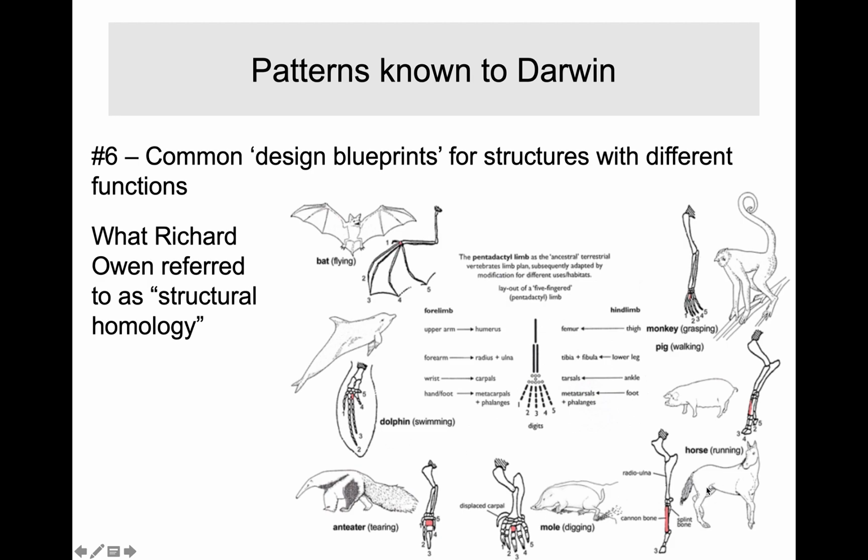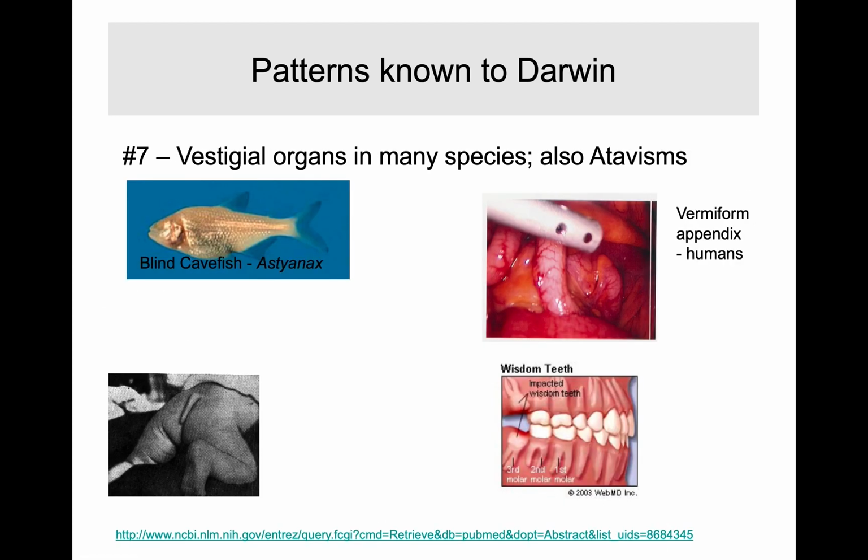One of the fascinating things here is that the horse essentially walks on its middle finger, right? All the other bones have been reduced and pulled back, and the hoof is actually just a very large nail. Anyway, I'll let you experiment and look at this, but it's incredibly fascinating, these ideas of the blueprints. Vestigial organs is also another pattern and evidence that Darwin was aware of.